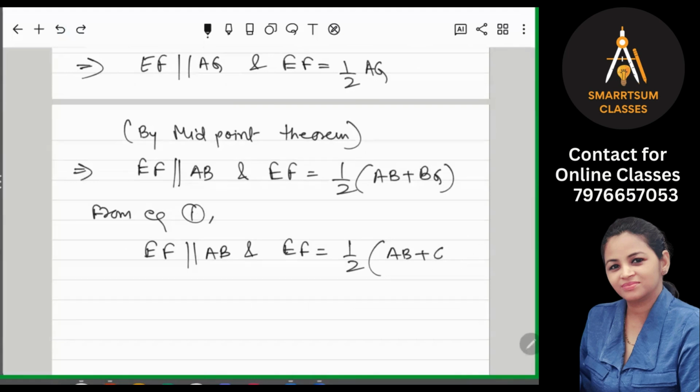Why? Because BG and CD are equal. We have already proved the congruency of the triangles, so by CPCT, we have proved that BG and CD are equal. So in this way, we can write that EF is also equal to half of AB plus CD. Is that clear? So you can write down, since BG is equal to CD.